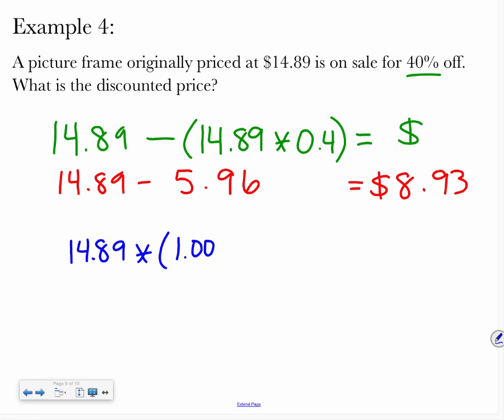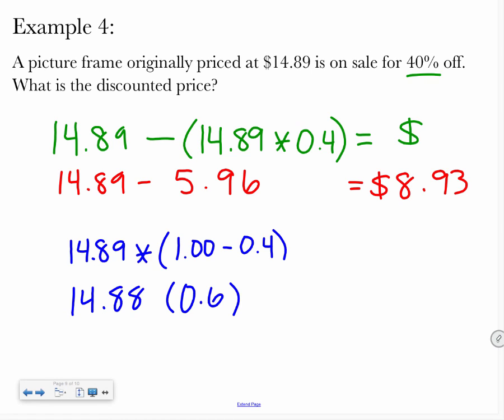And we know we get to take 40% off of that price. So if we do 100% minus 40%, this now becomes 0.6. You're only paying 60% of the original price, right?